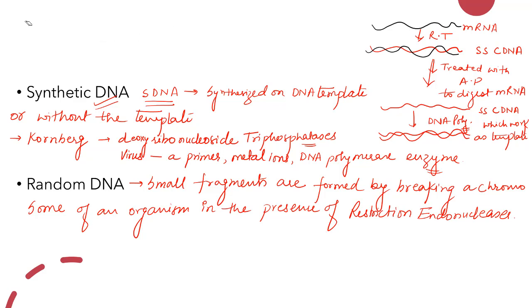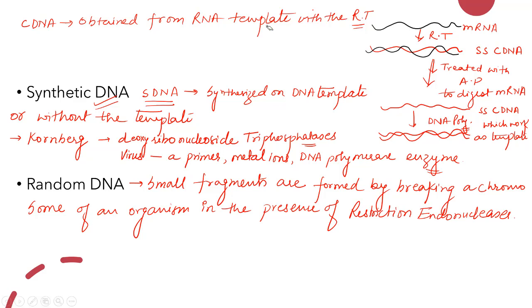Please remember, complementary DNA is obtained from an RNA template with the help of reverse transcriptase enzyme, RT. But rDNA is the making of chimeric DNA or hybrid DNA by mixing the genes of two other species.